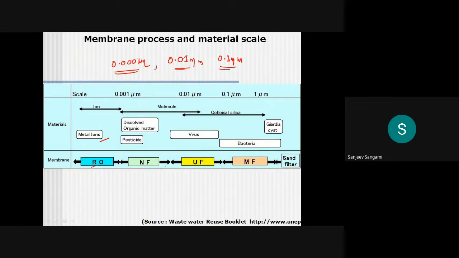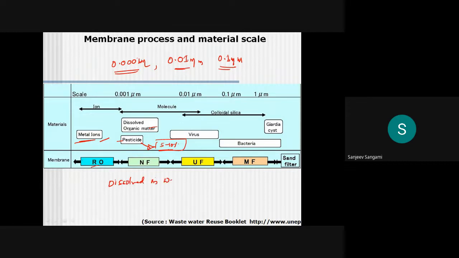Then the RO, what exactly is it going to remove? It is going to remove metal ions. The nanofiltration removes pesticides and dissolved matter. But for pesticides, it is going to remove only up to 5 to 10%. Not all pesticides can be removed, remember.